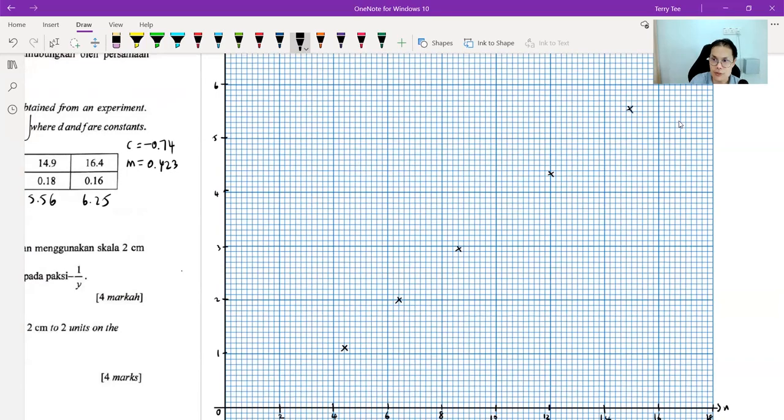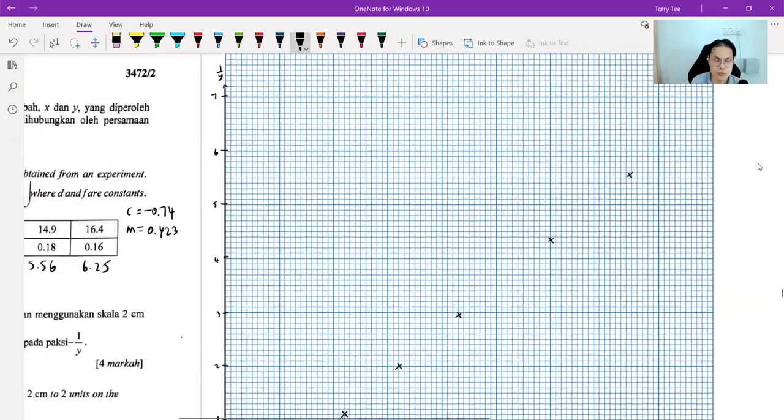You can read 5.6 if you want. And last one, 16.4, 6.25. 16.4 will be here, 6.25 in between. There you go.